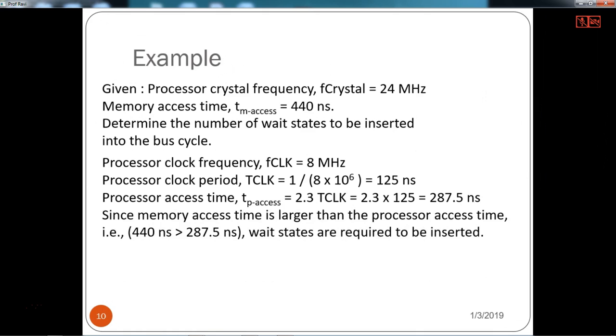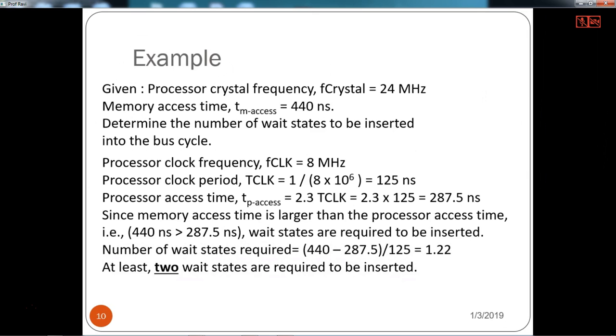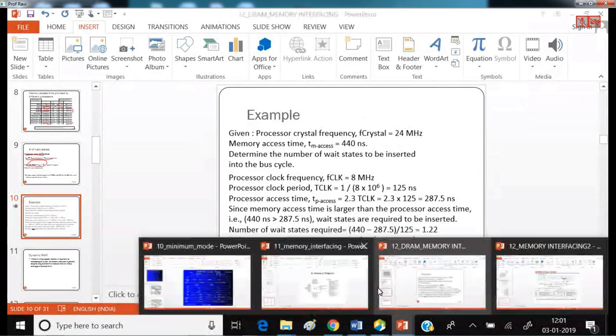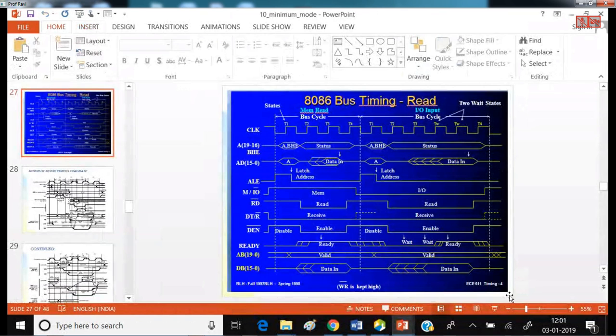But the memory access time here is 440 nanoseconds, meaning the moment the processor gives an address, it takes 440 nanoseconds to react and put the data on the data bus. So 440 minus 287.5, divided by 125, is close to 1.22, so two wait states need to be added here.